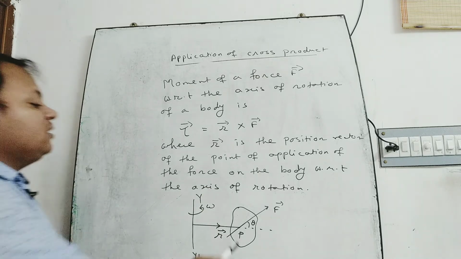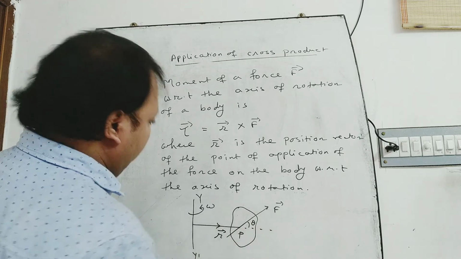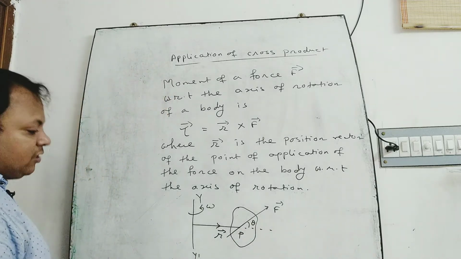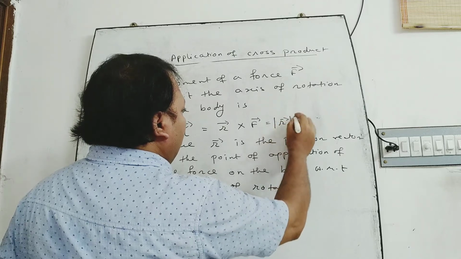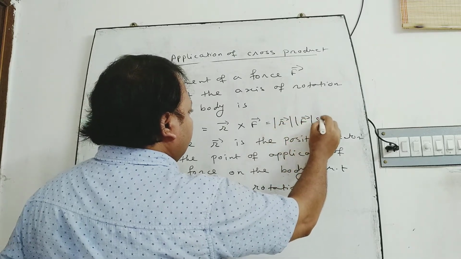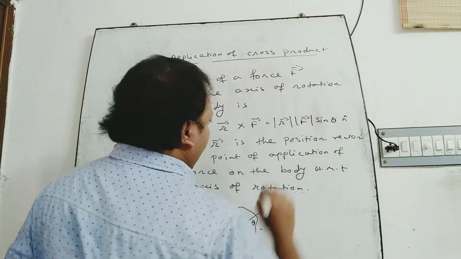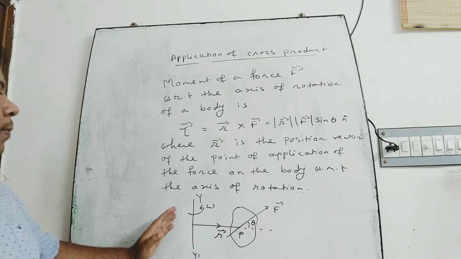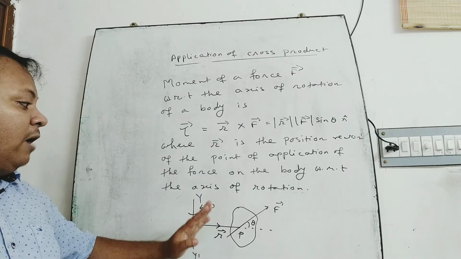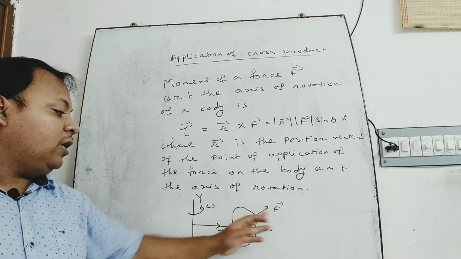Here theta is the angle between r vector and F vector. That's why we can also write that tau is equal to magnitude of r, magnitude of F vector, sine theta into n cap, where n cap is the unit normal vector. This n cap is normal to both F vector and r vector.